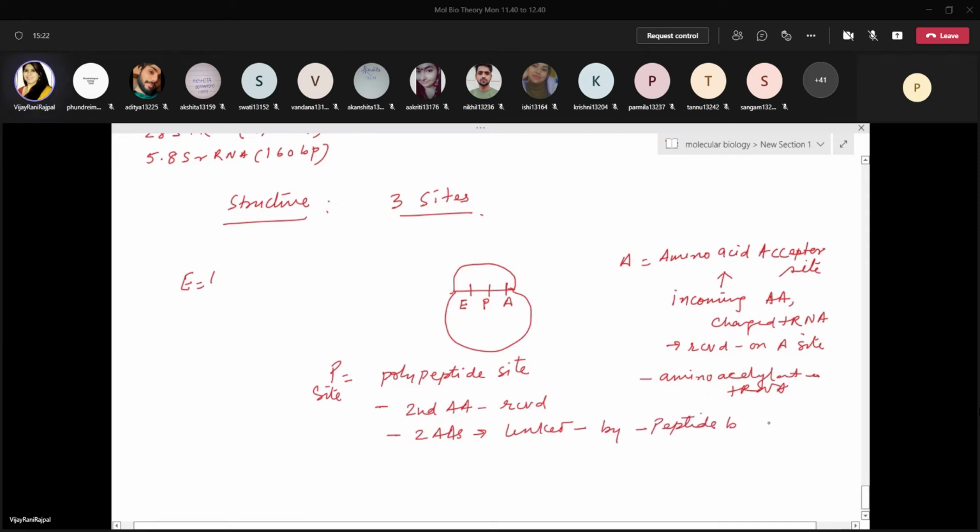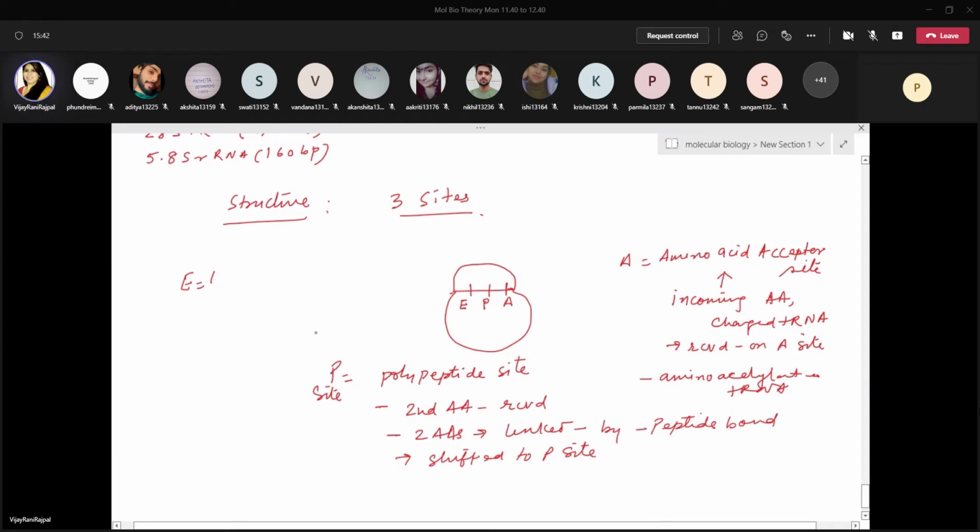And this, let's say two amino acid long polypeptide, is then shifted to the P site so as to make the A site free for the next incoming amino acid. So the polypeptide would always be present at the P site.